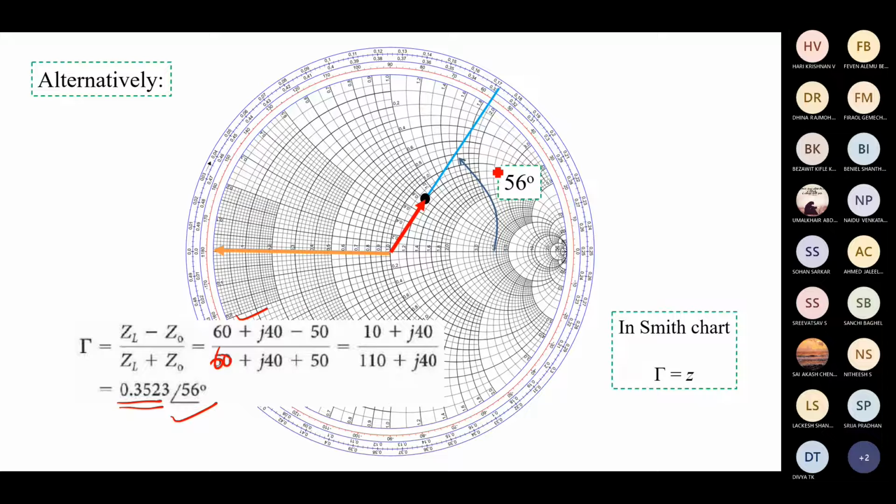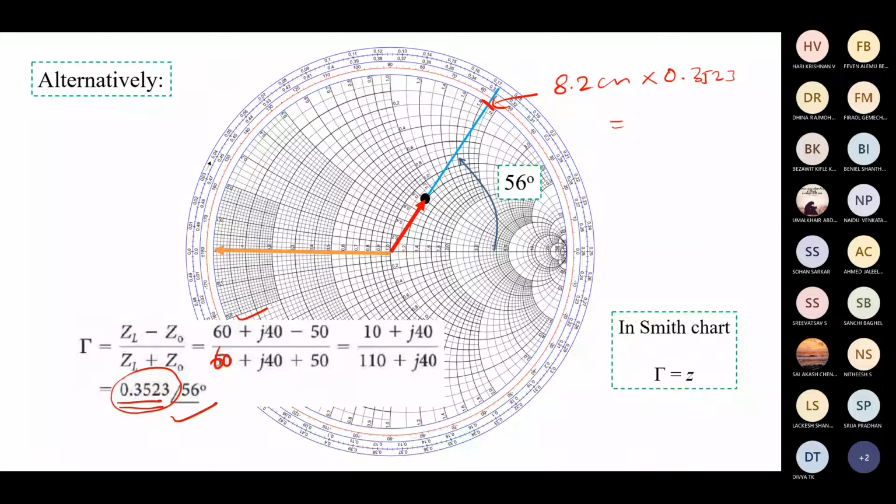For that, we have to calculate the radius of the Smith chart. Let's say this is 8.2 centimeter. Then 8.2 centimeter into this magnitude 0.3523, whatever value comes, we have to note that down.